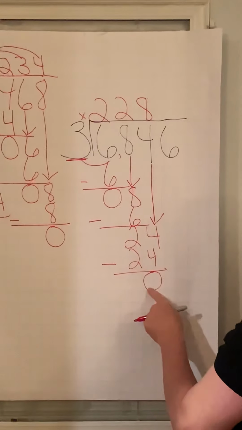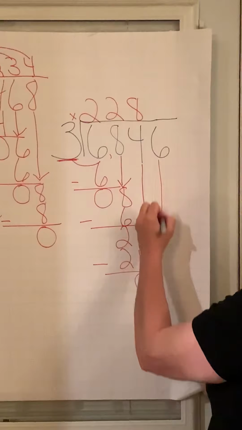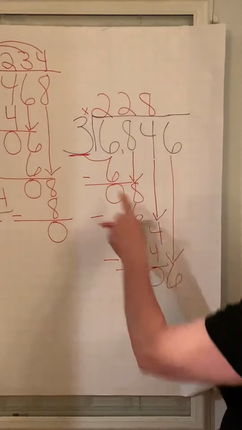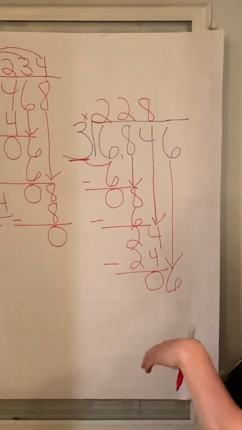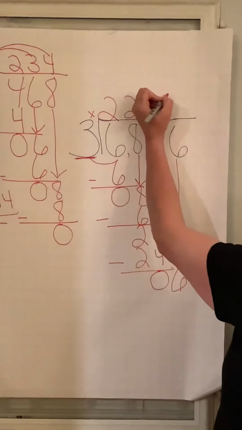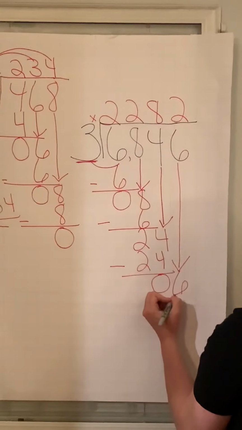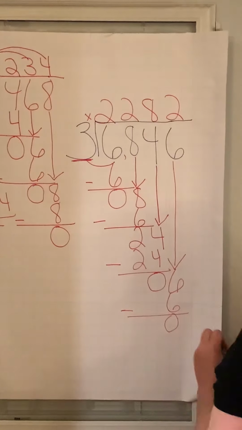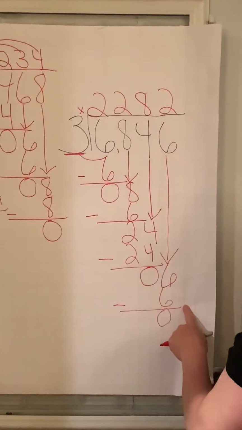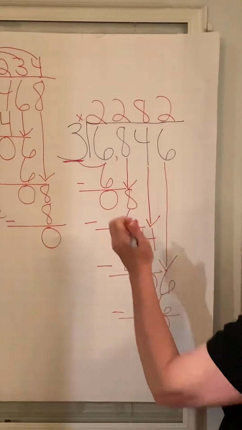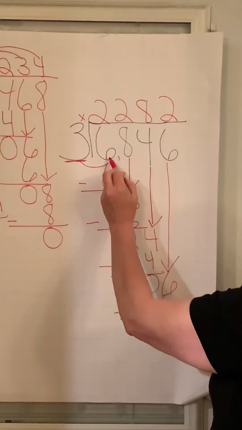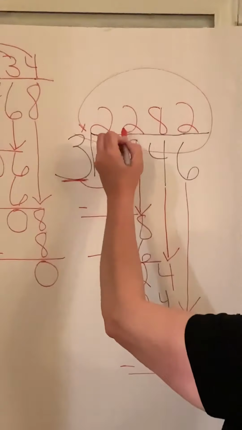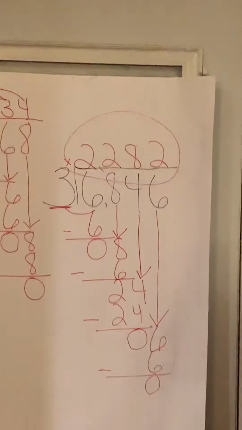3 cannot go into 0, so we bring down our 6. Here it is. How many 3's in 6? Well, we say 3 times what? 3 times 2 is 6. We subtract. Again, we have 0. We have no more numbers to bring down, so we're done. 6,846 divided by 3 is 2,282.